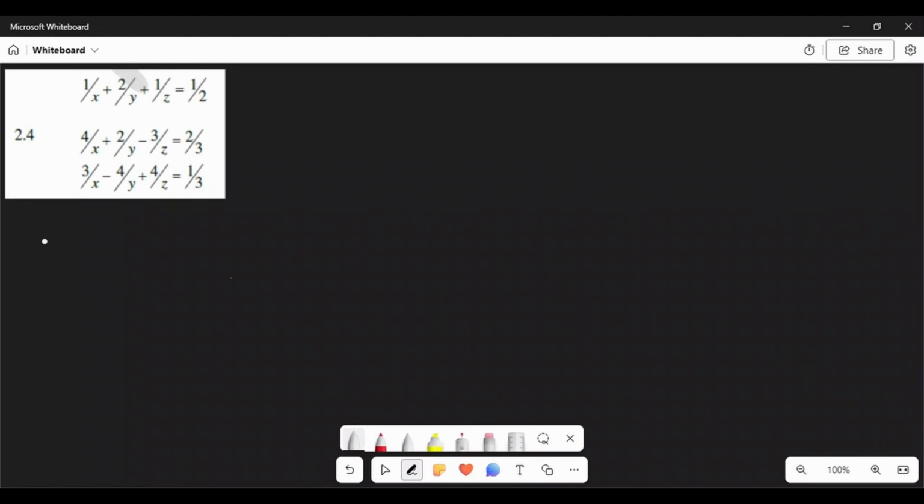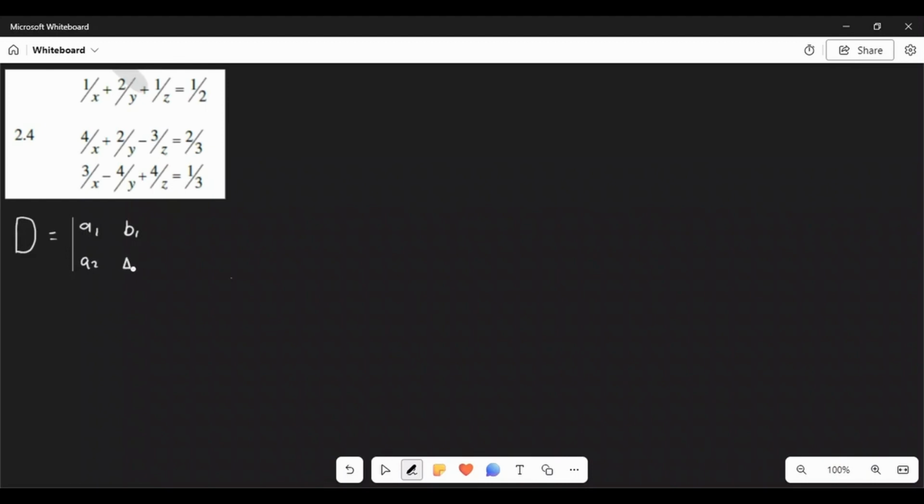For the formula for the determinant, first of all, you need to have the matrix in second order. So it's supposed to look like this in second order. Let's say you have A1 and B1 on this row, and then on the next row, A2 and B2.